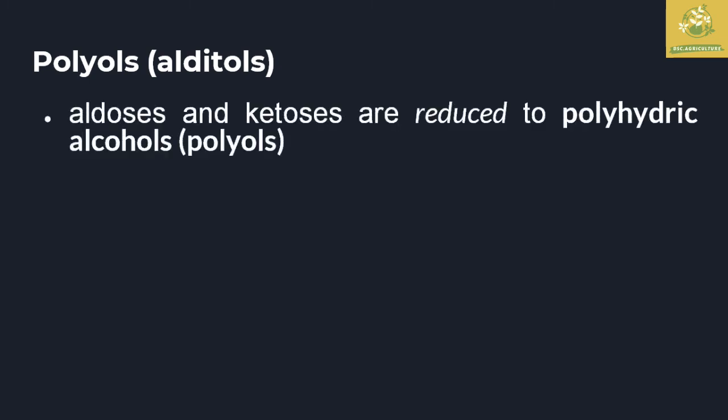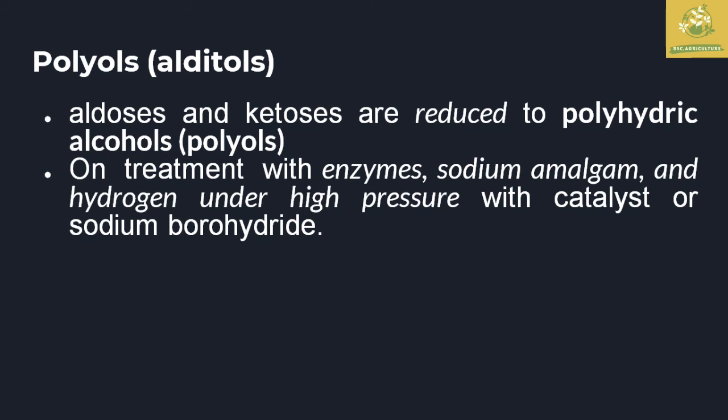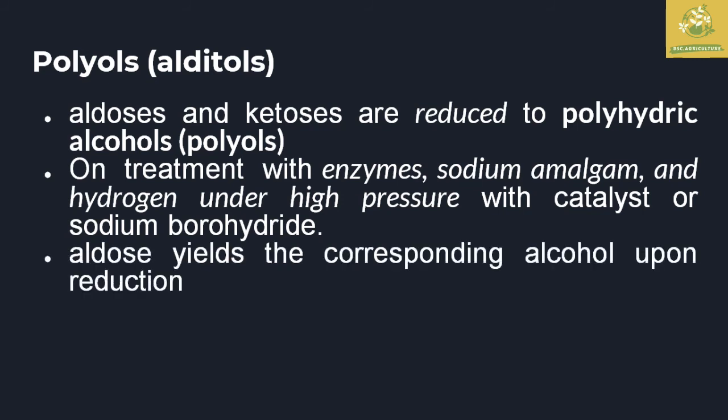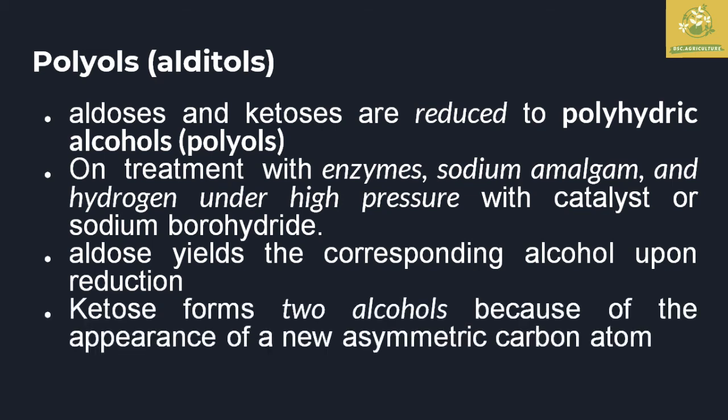So polyols. Polyols are nothing but aldoses and ketoses which are reduced to polyhydric alcohols. On treatment with enzyme, sodium amalgam, or hydrogen at high pressure with a catalyst, or sodium borohydride, polyols are formed. Aldose yields the corresponding alcohol upon reduction.